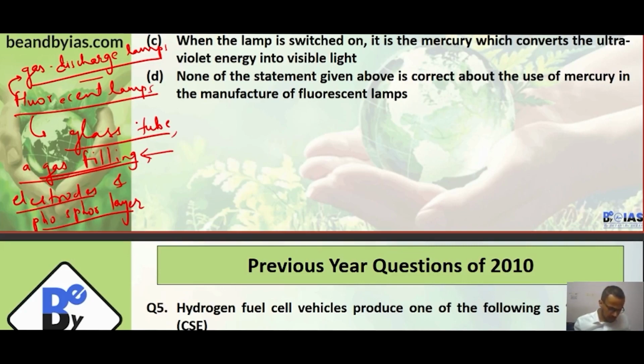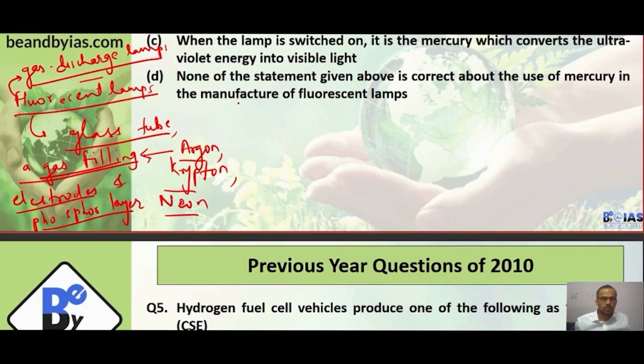And generally, these fluorescent lamps use noble gases as filling, noble gases like argon, krypton, neon, etc. Fine. So these noble gases are used as the gas filling.